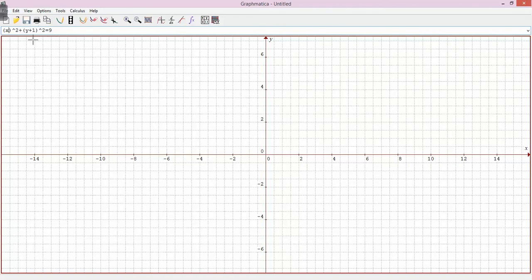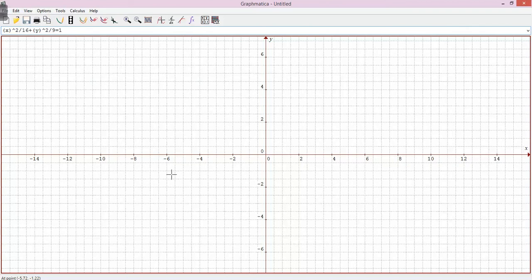So x squared over 9 plus y squared over 16 equals 1.